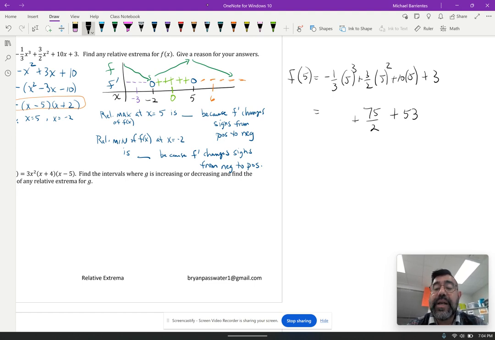Plus 5 to the third, that's 125, because 5 times 5 is 25, times another 5 is 125, times negative 1, that's negative 125 thirds. And so now if I'm going to put them all together and use a fraction, I think I need common denominators.